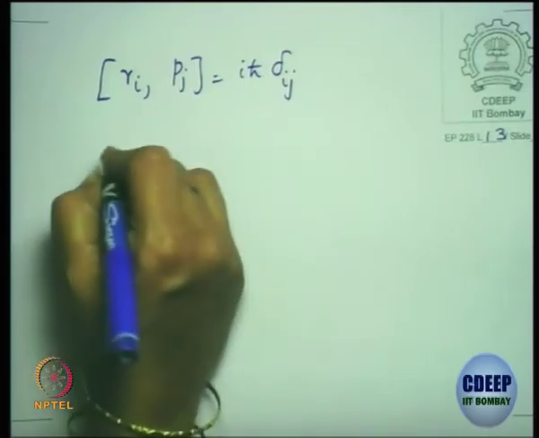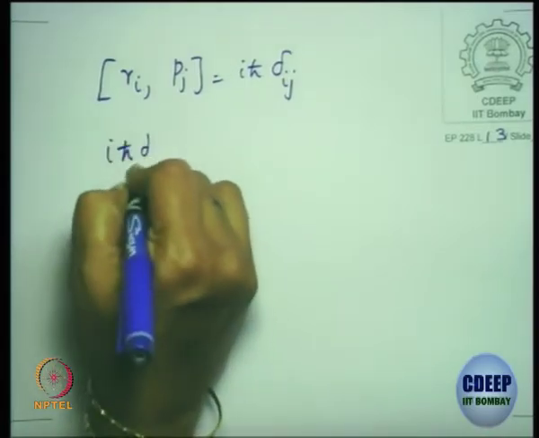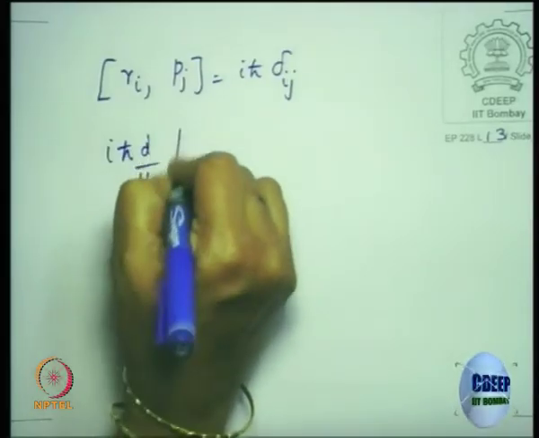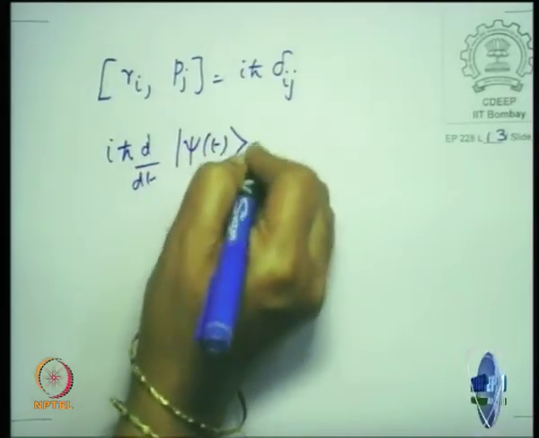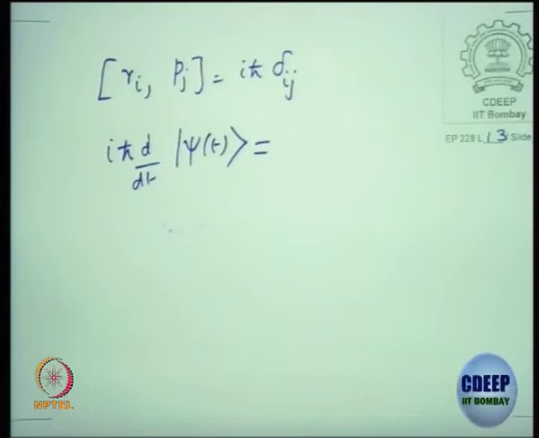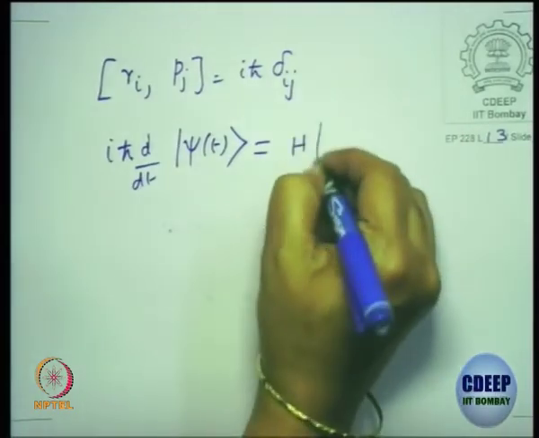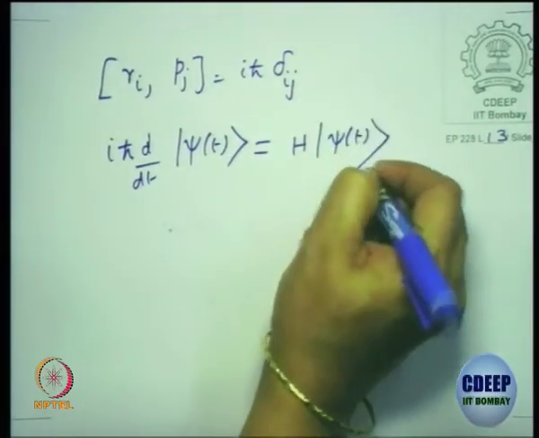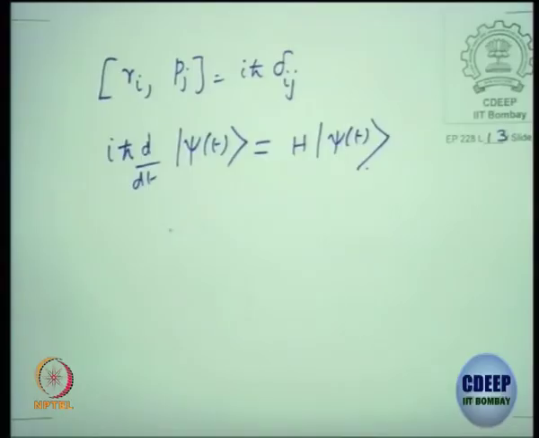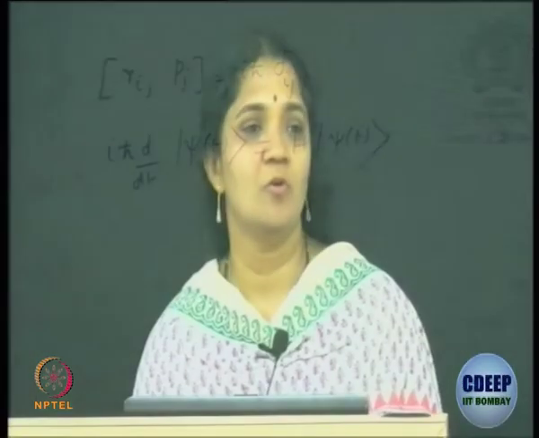We also had an evolution equation, i h-cross d/dt of psi of t equals H of psi of t. This is the empirical equation which allows you to get the state of a system at any time t, evolving due to the Hamiltonian.